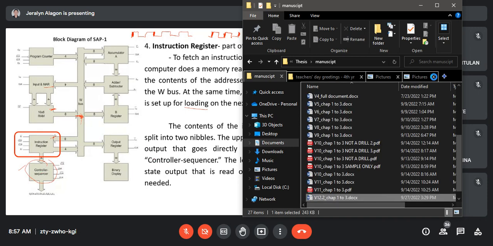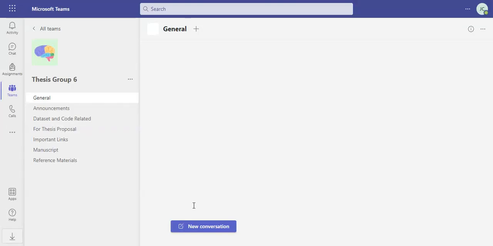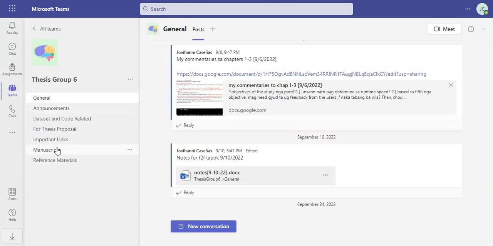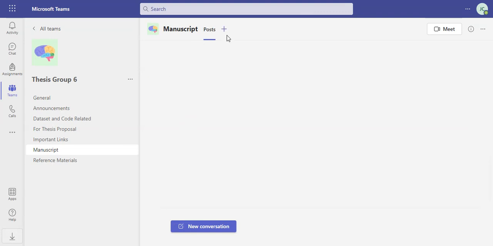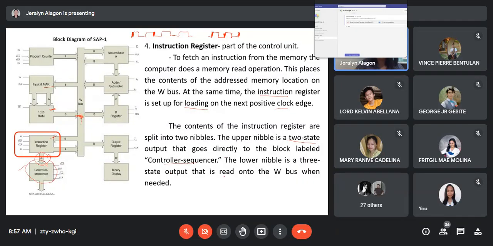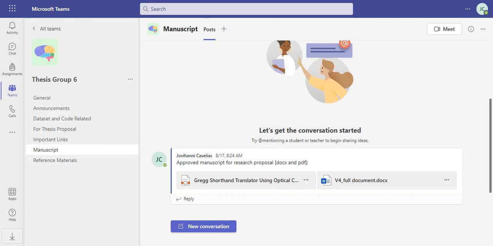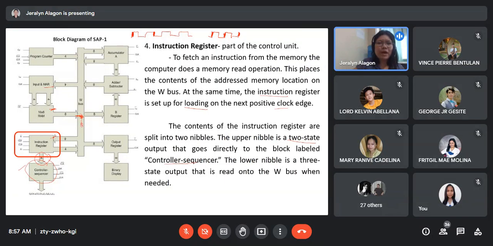The contents of the instruction register are split into two nibbles. The upper nibble is a two-state output, and it goes directly to the block labeled controller sequencer. So the two-state output is fed to the controller sequencer. The lower nibble is a three-state output that is read onto the W bus when needed. The instruction from the RAM is on the W bus and enters the instruction register.